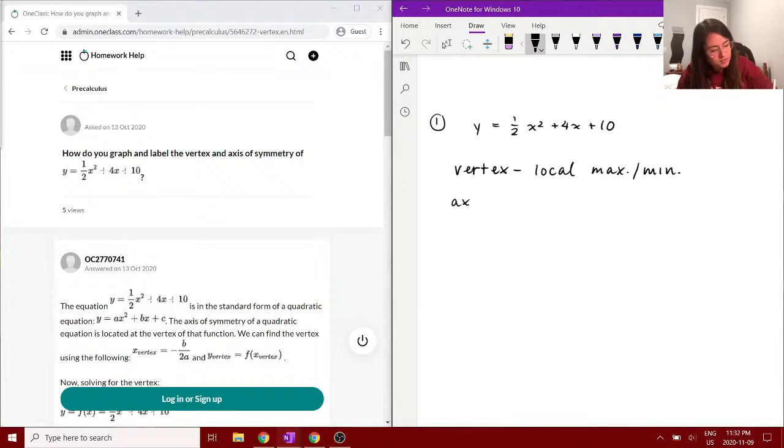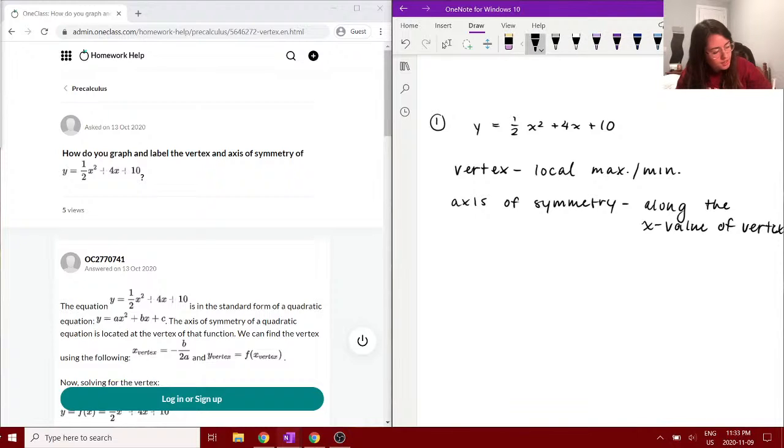And then the axis of symmetry. This represents kind of like a line along the x value of the vertex. So once again, I'll just draw this really quickly.